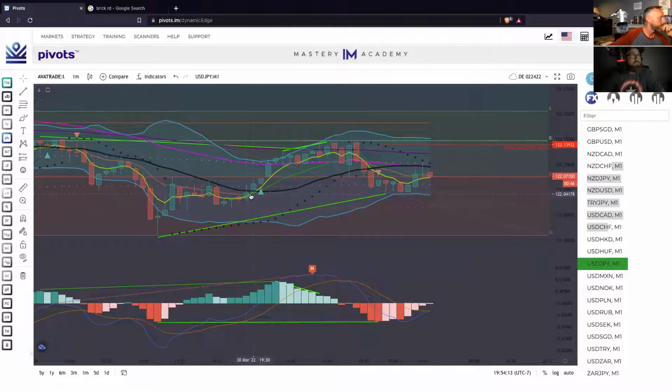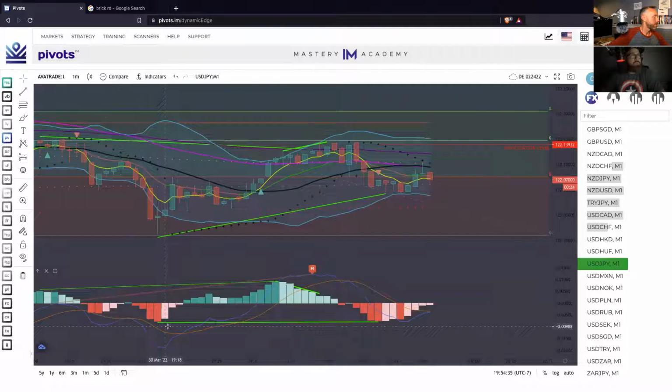And when this yellow line crosses above the green, it gives you the green arrow. When it turns from green to red and the yellow crosses down through the red, you get the red arrow.